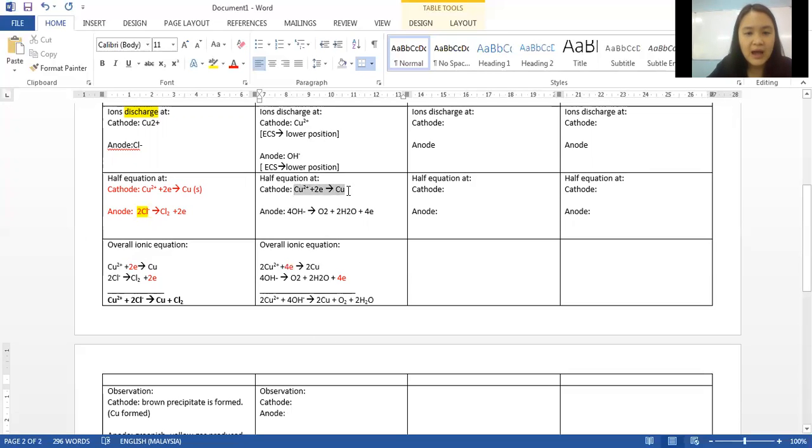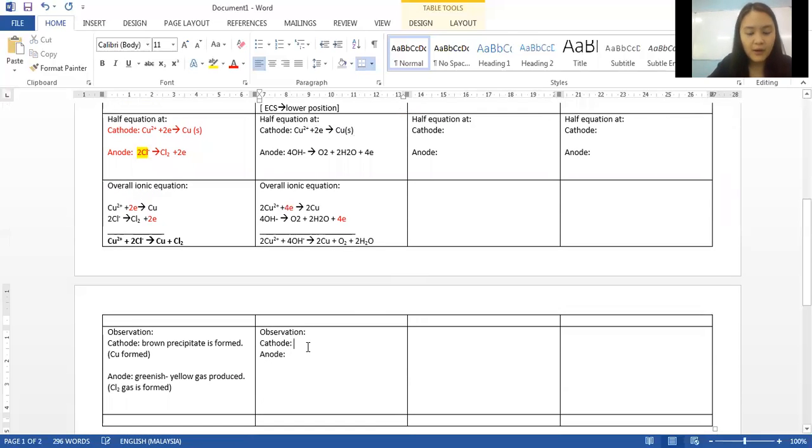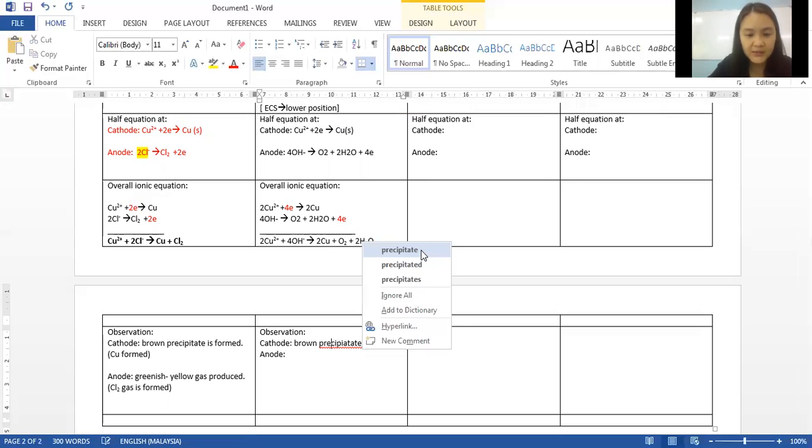At cathode, I've discharged the Cu2+ and turned it into pure copper. Pure copper is a solid and it's brown in color. Therefore, at cathode, I'm able to see that brown precipitate is formed.